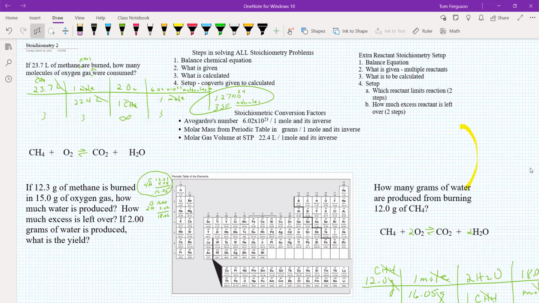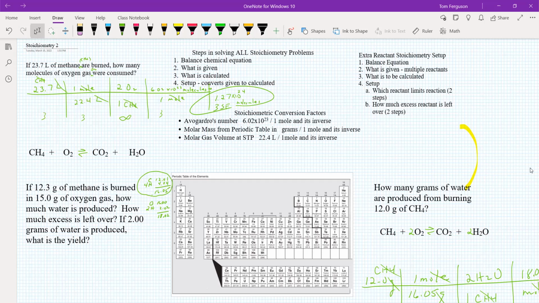Now, we have 4 steps for problems. We have balance the equation, what's given, what are we trying to calculate, and what's the setup using conversion factors. Now, if we have 2 givens, this is modified then. Now we modify the setup here, okay?